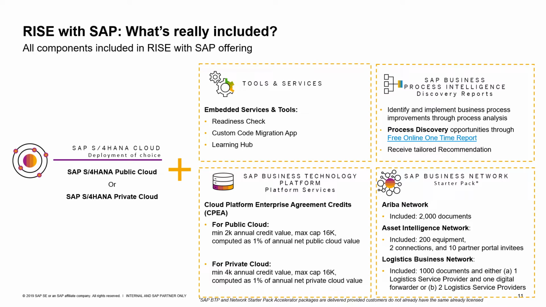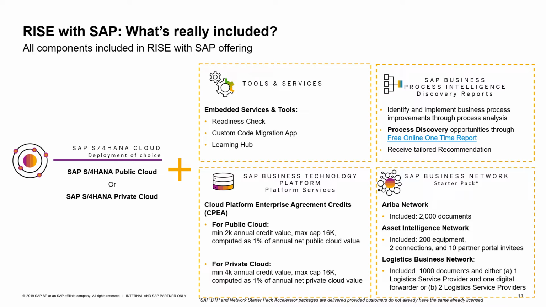So we see the tools and services, the business process intelligence delivery reports. We have the SAP Business Network. This is a starter pack. So think of it as an amuse-bouche when you go out to a restaurant for a big meal. This really gets your appetite going for some of the capabilities under the Ariba network, the Asset Intelligent Network, and the Logistics Business Network.